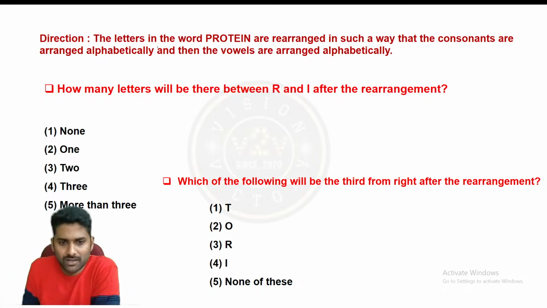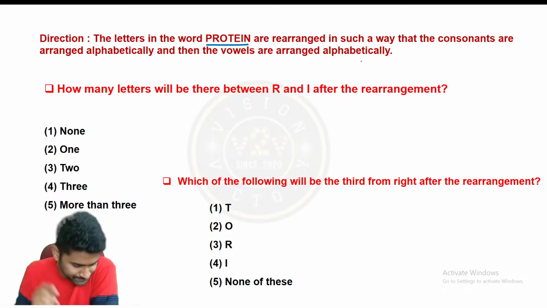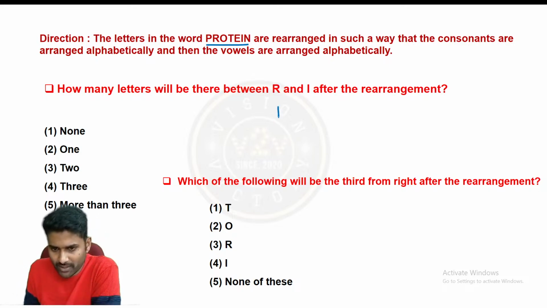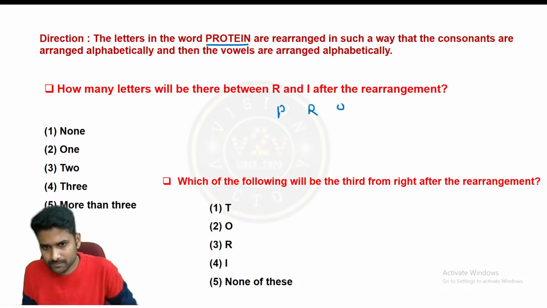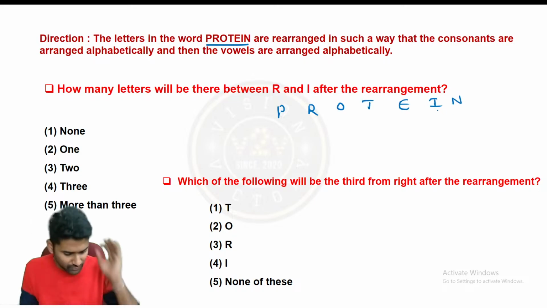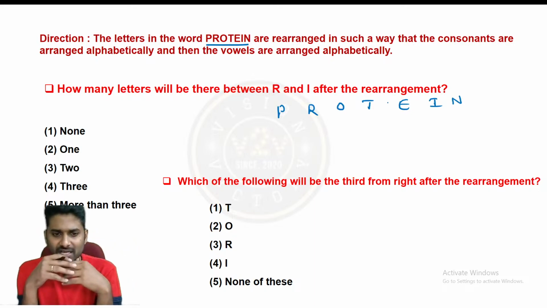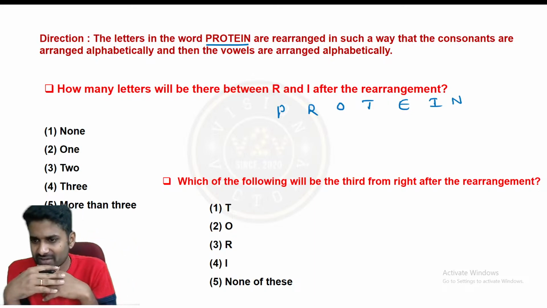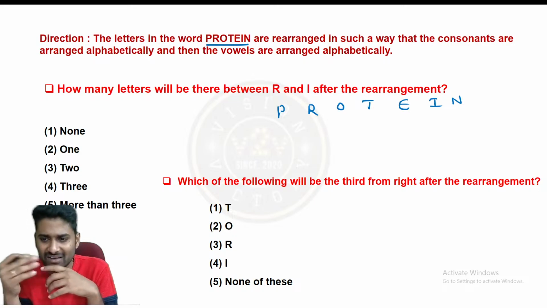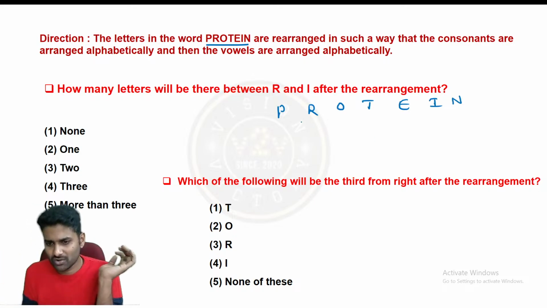Next one. The letters in the word protein are rearranged in such a way that consonants are arranged alphabetically and the vowels are arranged alphabetically. Now here the word is P-R-O-T-E-I-N. You have to arrange according to the data. See, what are the consonants here?